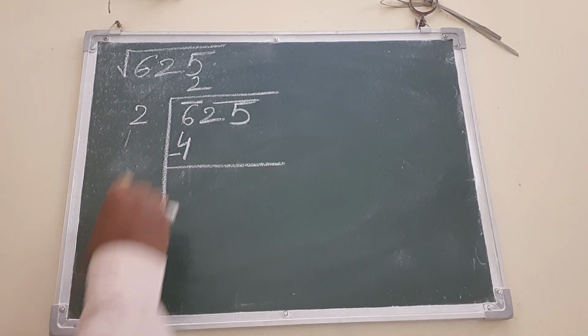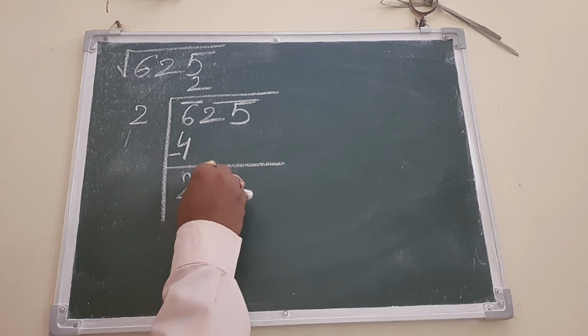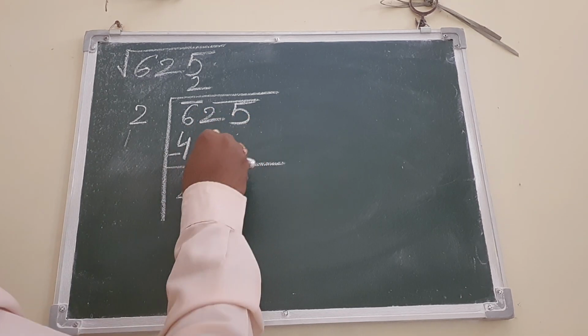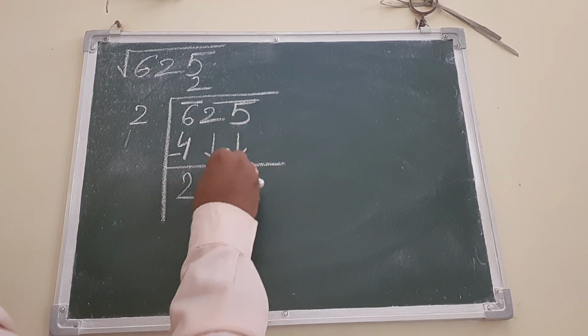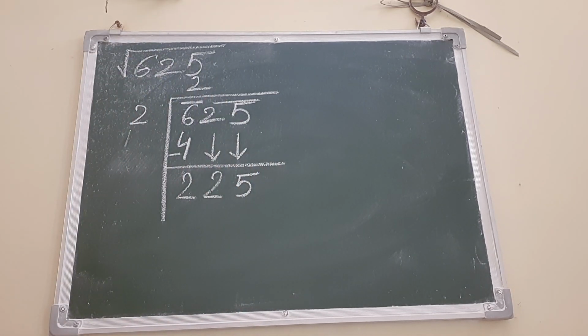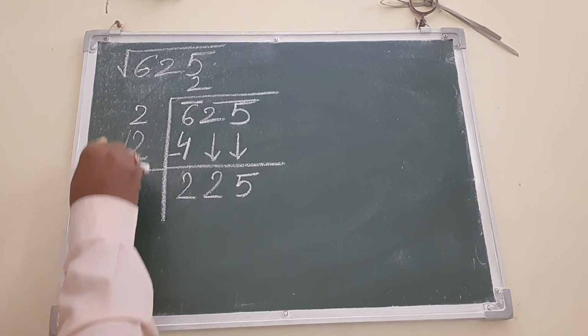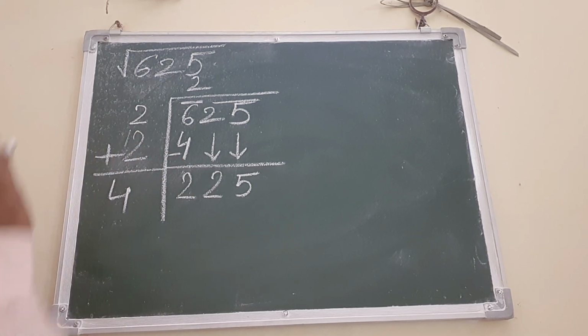Subtraction is there, similarly as in division. So here 6 minus 4 is 2, and 2 numbers are copied at once, so 25 is copied. Here it has gone by 2 times, so the same number we add, so 2 is added to it, so it becomes 4.